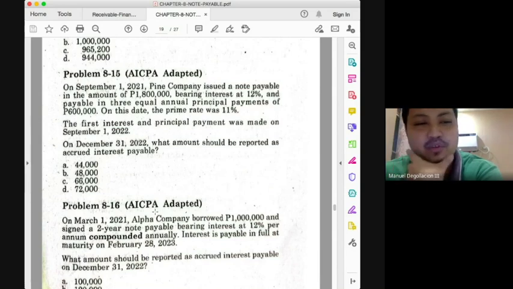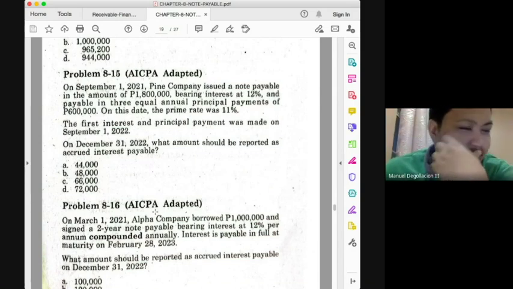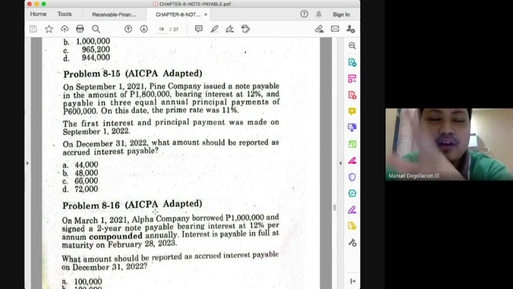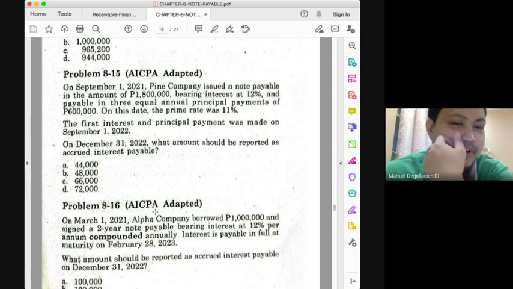So you multiply the 216,000 by 4, the amount of months that has lapsed, divided by 12 months, and we would get 72,000. Our answer here is not 72,000 in this problem because this problem asks for December 31, 2022. Our answer would have been 72,000 if the question had been for December 31, 2021.